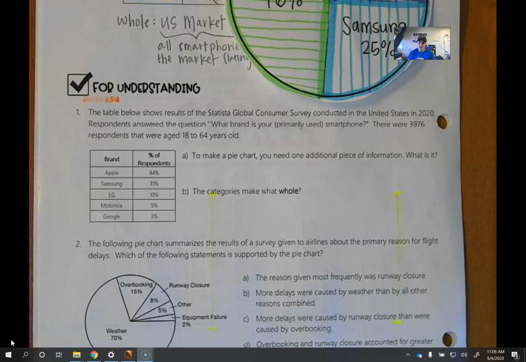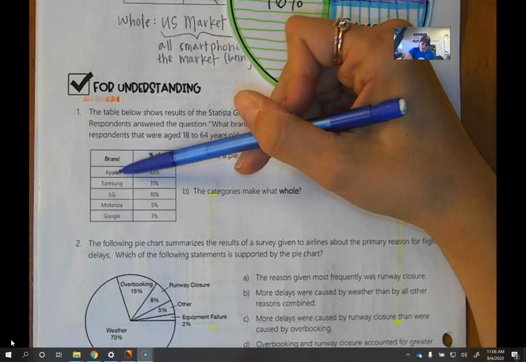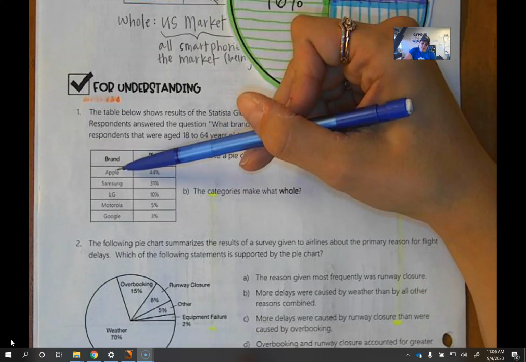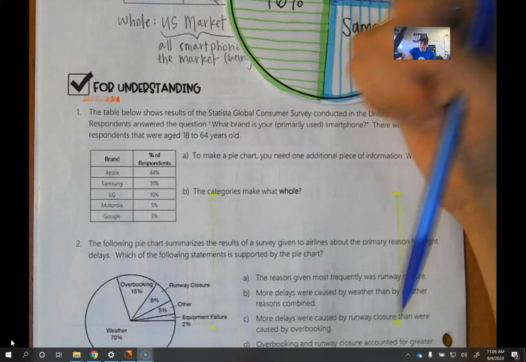So to make a pie chart, we need one additional piece of information, and this problem wants to know what it is. So I go over here and I say, okay, I'm going to check my table. I have 5 different brands. I have Apple, Samsung, LG, Motorola, and Google.